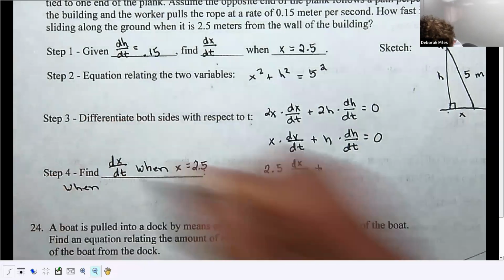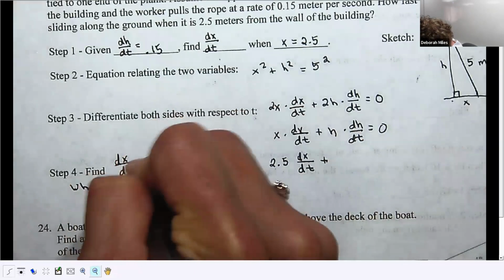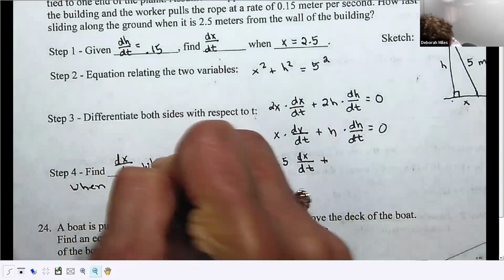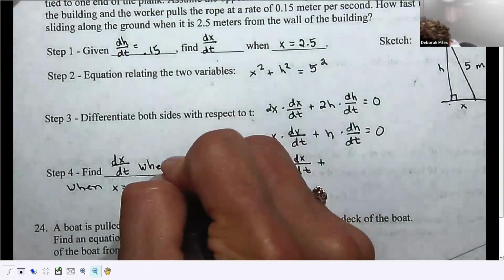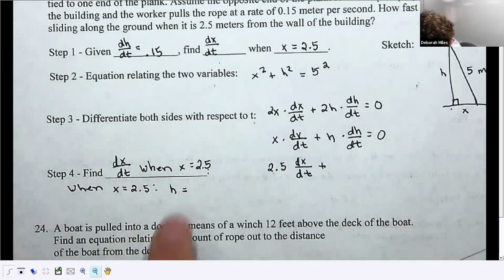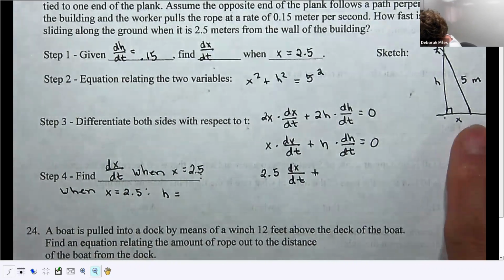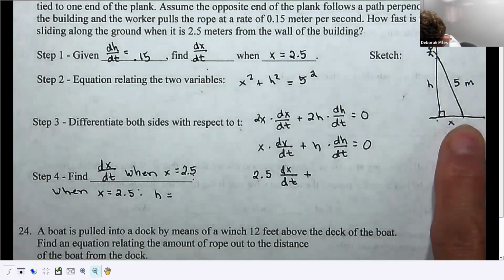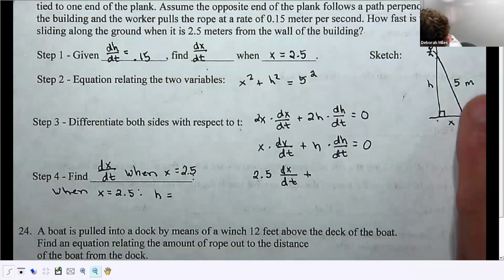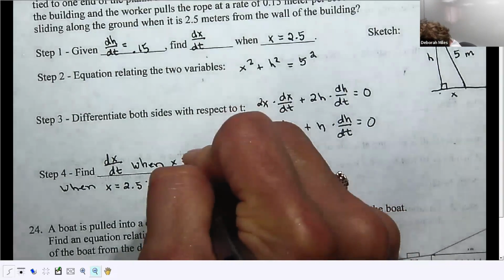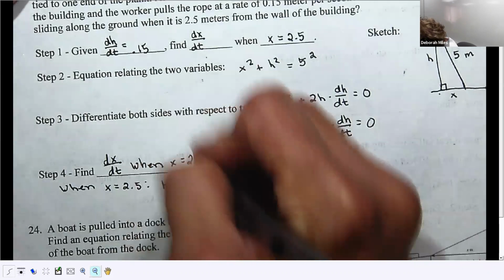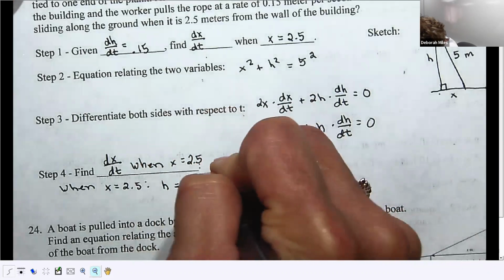When x equals 2.5, h would be, what would I need to punch on the calculator to get h? X is 2.5. Square root of hypotenuse squared minus leg squared.